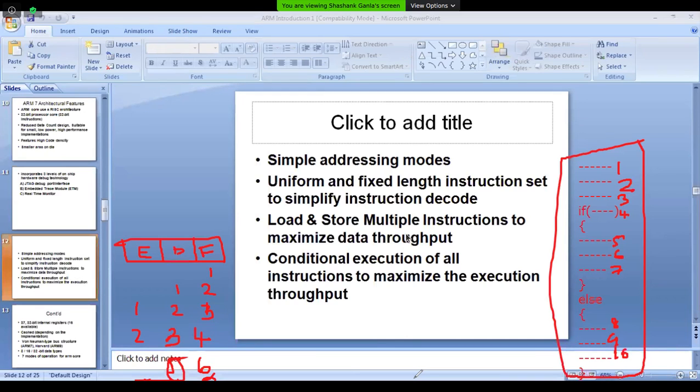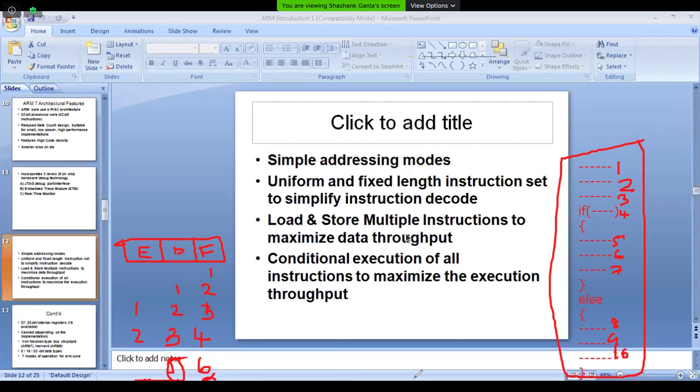So this feature present in the ARM architecture, which prevents flushing of unnecessary or unrequired instructions and then bringing in the appropriate instructions, that smooth flow is what we call conditional execution of instructions.